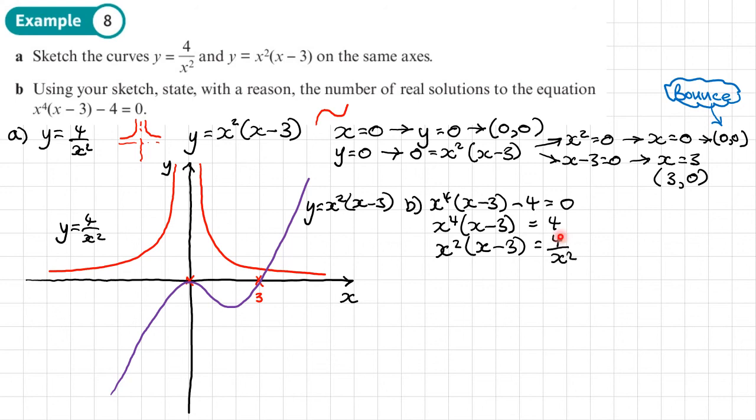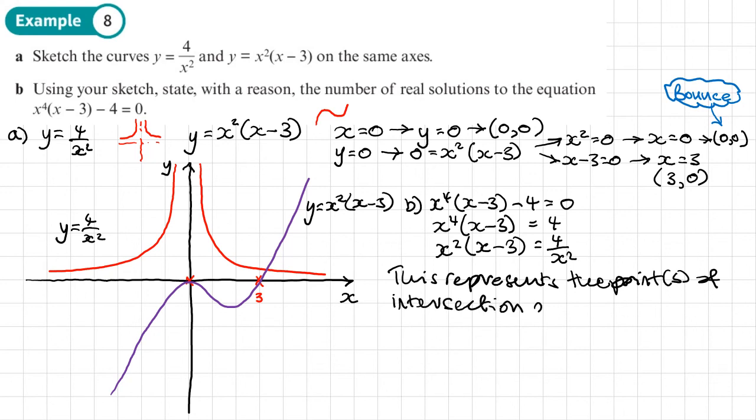Okay, so this represents the points of intersection of the graphs or curves x squared times (x minus 3) and 4 over x squared.